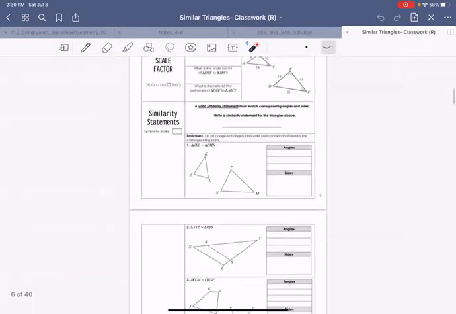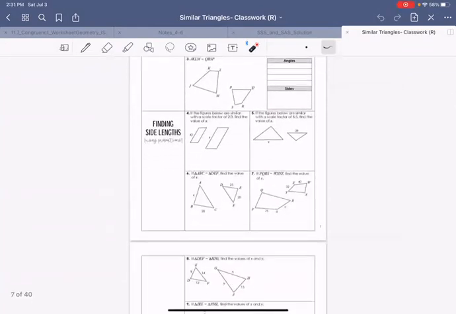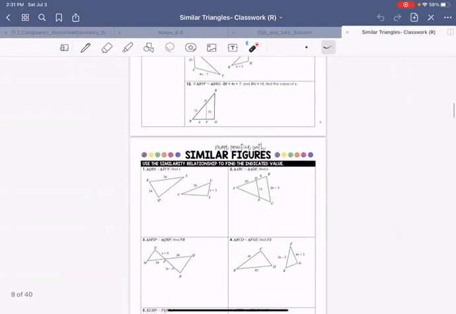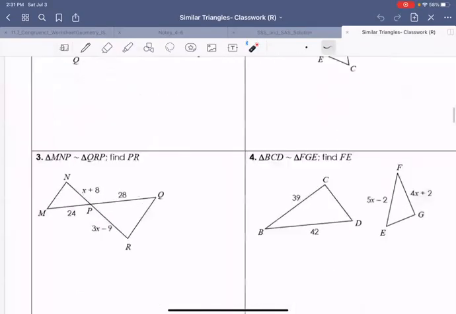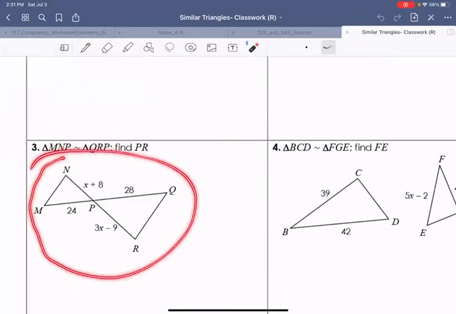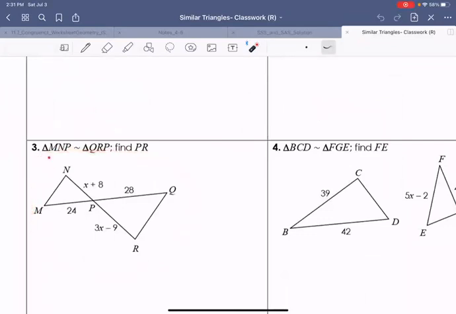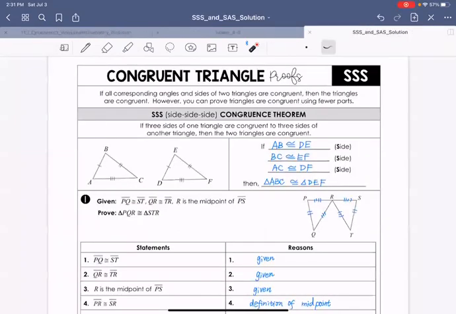After we go through those foundations, we are going to do real calculations. If you want to calculate the x value here, they told you MNP, QRP. So you do this over this equals this over this equals this over this. If you do the wrong pair, it totally messes up. We want to have the habit of putting them in the right order.